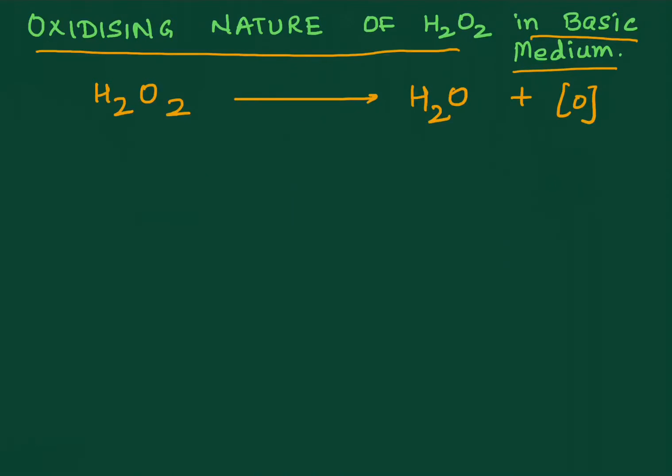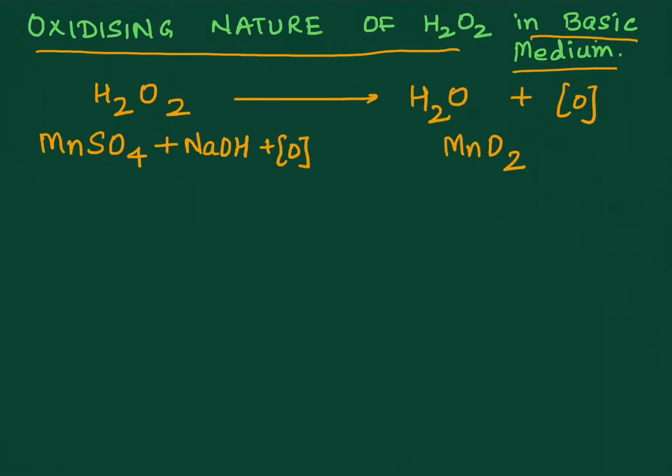So my first reaction remains the same, and then I'm going to convert the manganese MnSO4 salts to MnO2. But in what kind of medium are we talking about? This particular reaction is in the basic medium. So basic medium means I will use a base like NaOH.